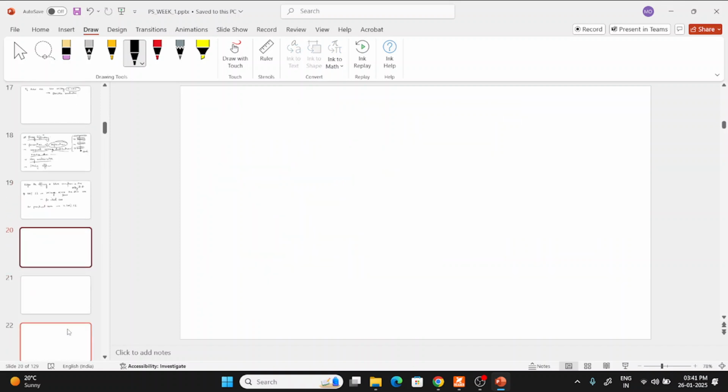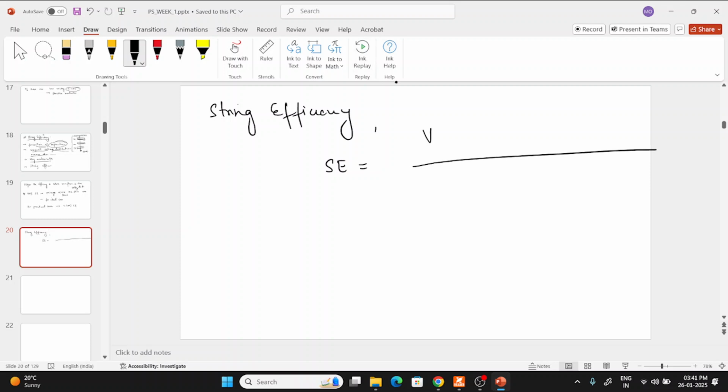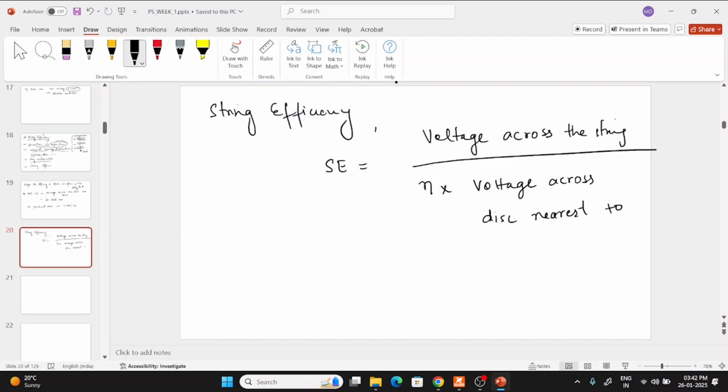तो इसको हम equalize कैसे करते हैं? So there are various things regarding this. First of all, I will write down the formula to calculate the string efficiency. String efficiency is equal to the voltage across the string divided by N into the voltage across the disk nearest to the conductor.